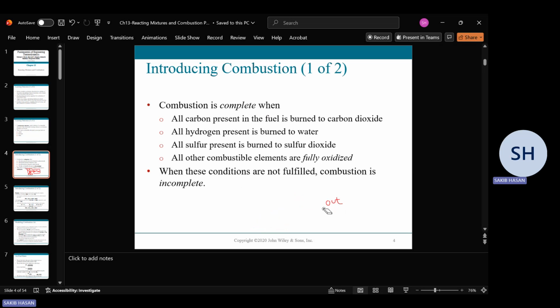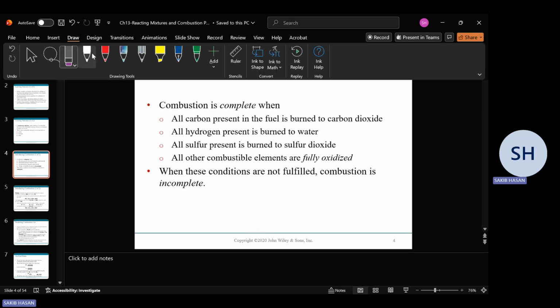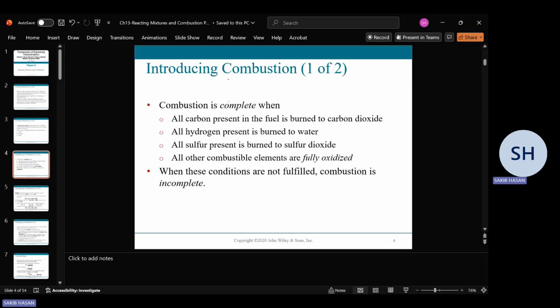There are many ways of generating heat, but one of the ways that you can generate heat is by combustion. And in fact, it happens to be one of the cheapest forms of creating, well, not creating, but getting out heat energy.